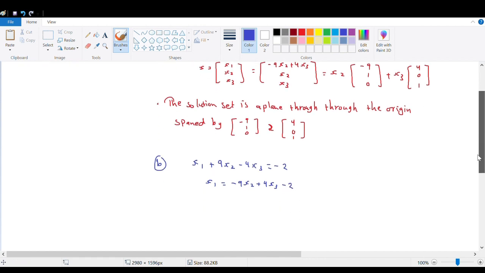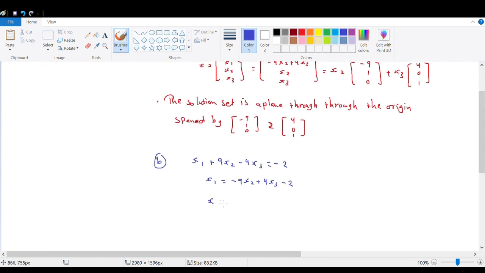So from here our x = (x1, x2, x3). So this will give us -9x2 + 4x3 - 2. This one is x2 and x3 also free.